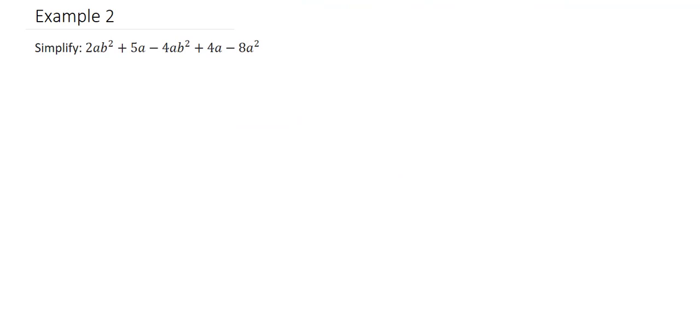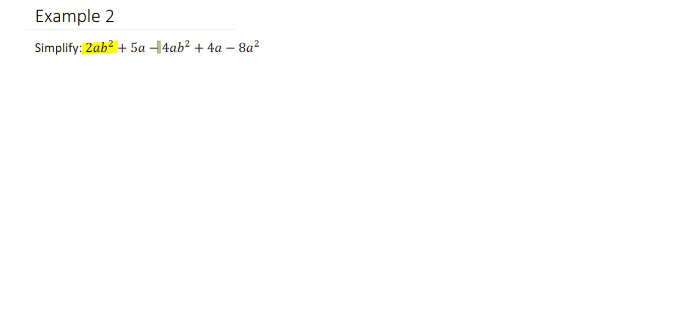So we're going to simplify the following. Now we have 2ab squared plus 5a minus 4ab squared plus 4a minus 8a squared. So let's go ahead and find anything that looks like the first term. This second term doesn't look like it, but this one does, right?